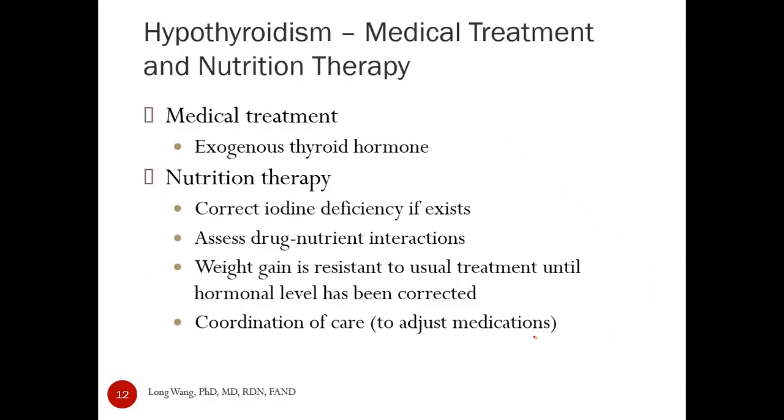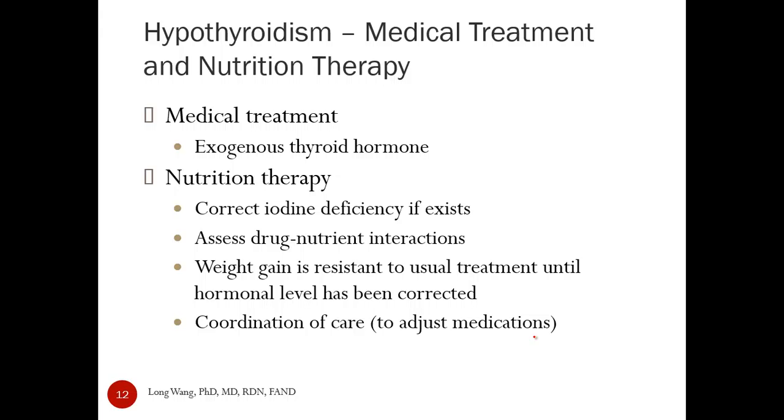To treat this condition, we have to provide thyroid hormone. So that's an exogenous thyroid hormone. It's one type of hormone replacement therapy. Until the hormonal status is normalized, really a lot of these symptoms won't go away. And when it comes to nutrition therapy, we need to check if there is an iodine deficiency.